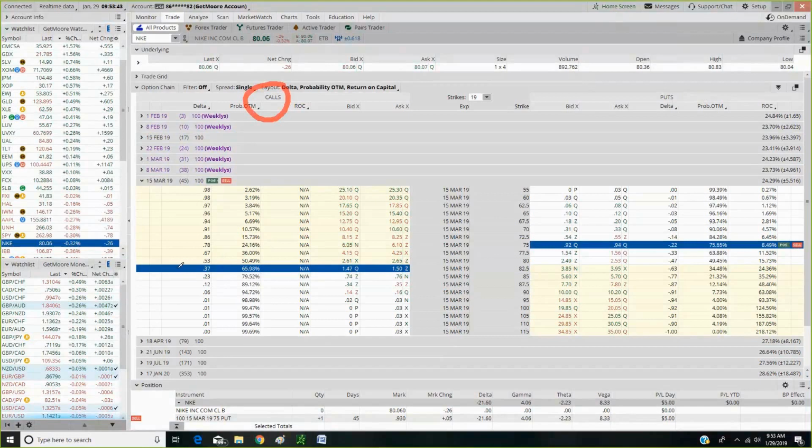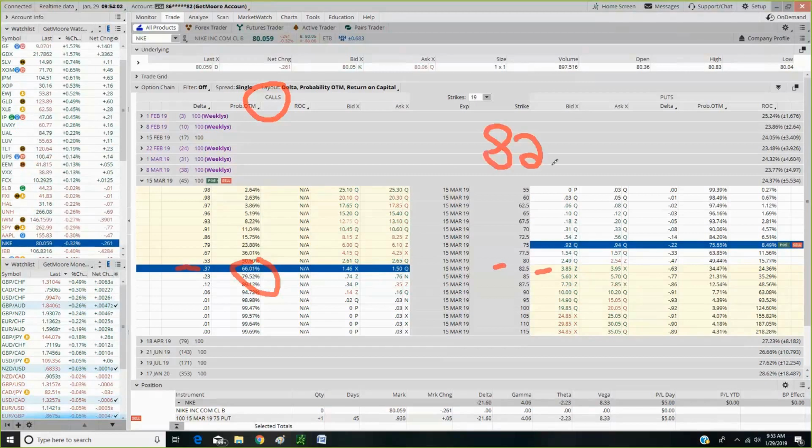So look, closest to 35 delta. Probability, 65%. So what that means is this right now has a 66%, because it's changing, 66% that if I sell the 82.5 call, it's got a 66% probability of closing in the next 45 days below my strike.